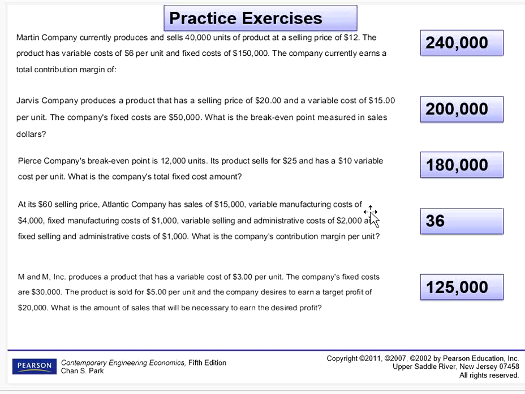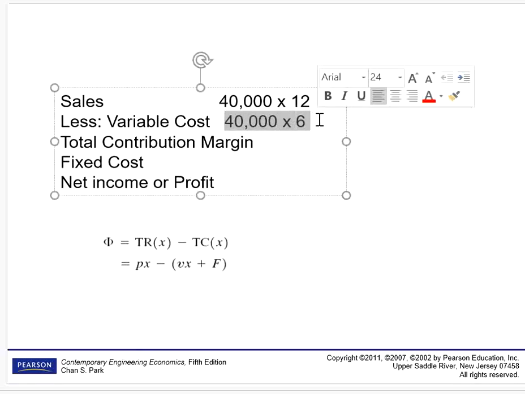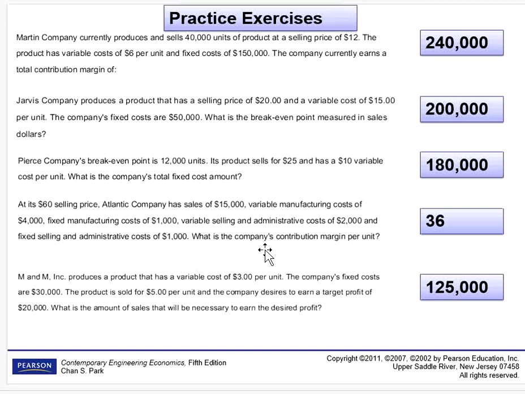Variable manufacturing costs of 4,000. So again, variable costs is given, not V. V times X means this whole number is given, right? Variable costs is given.